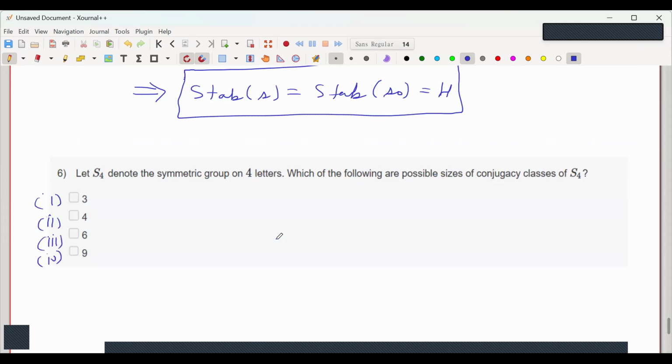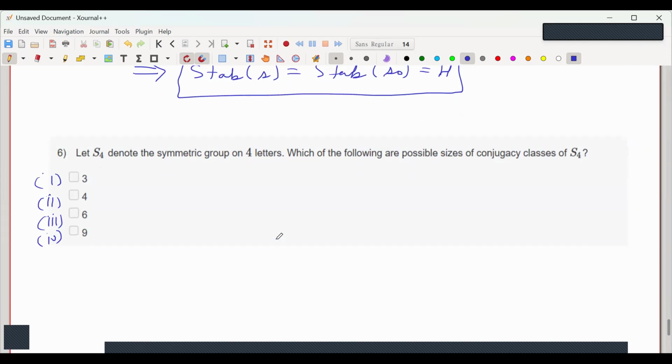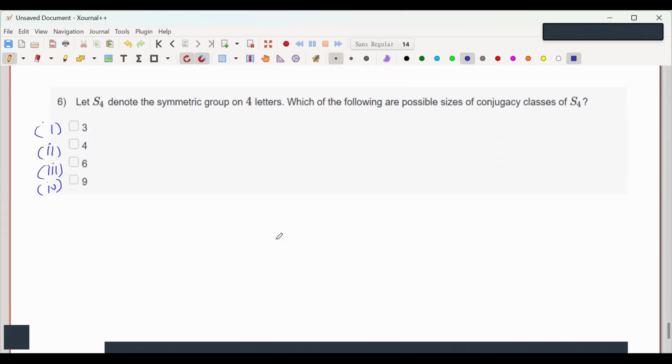Yes. 9 is not possible. It doesn't divide the order. Very good. So S4 has order 4 factorial, which is 24.